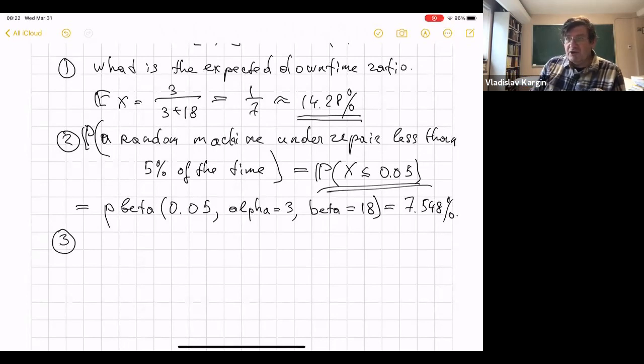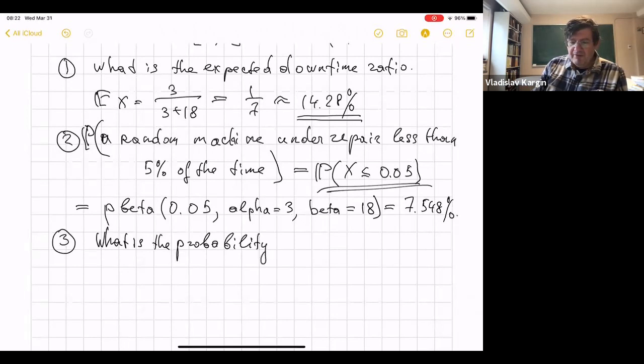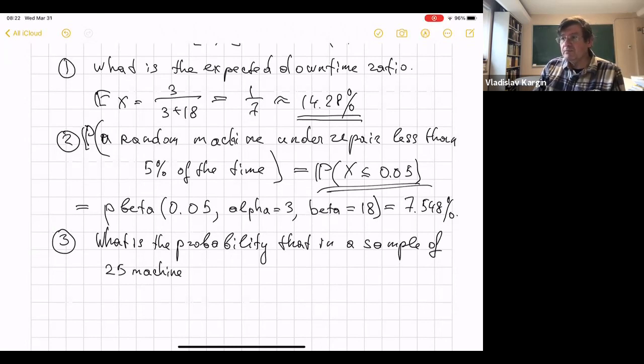So here the question is: what is the probability that in a sample of 25 machines at least three have downtime rates greater than 20%?